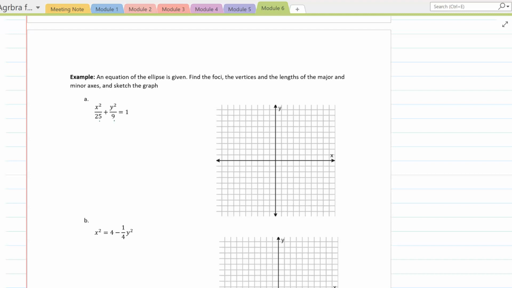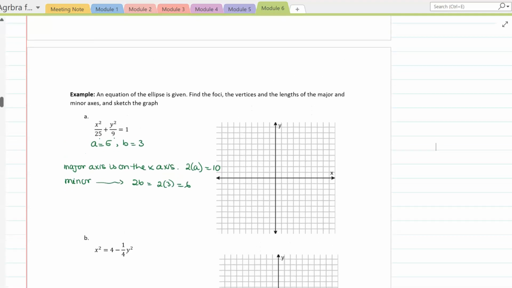This tells us the major axis is on x, so a equals 5, b equals 3. The major axis length is 2 times a, equal to 10. The minor axis is on y and has the length of 2b, which is 2 times 3 equals 6.